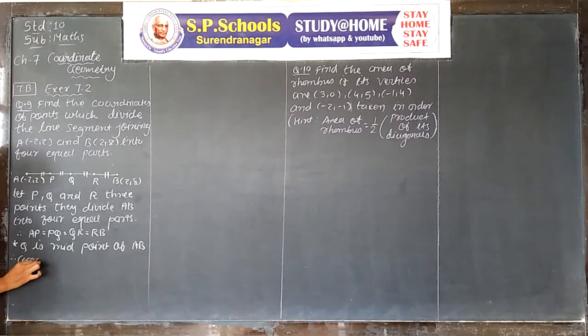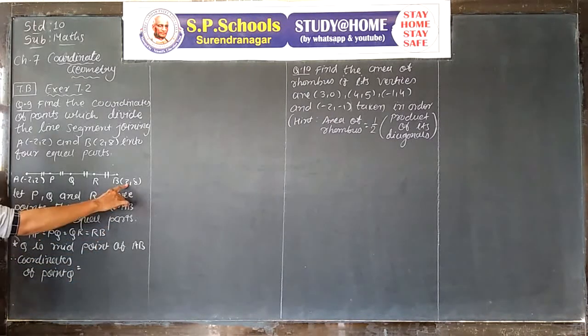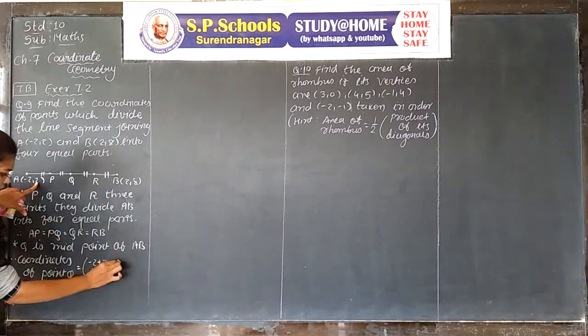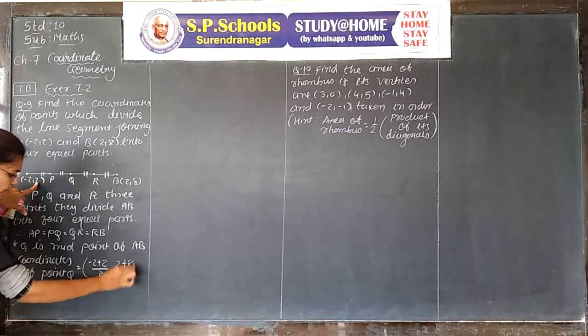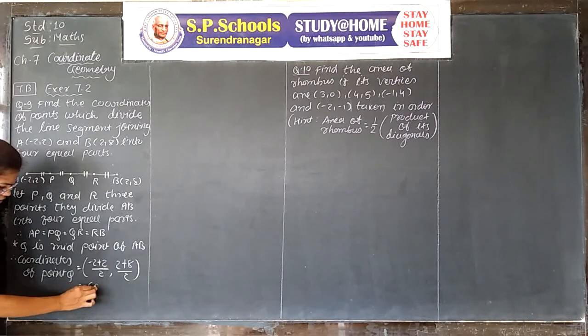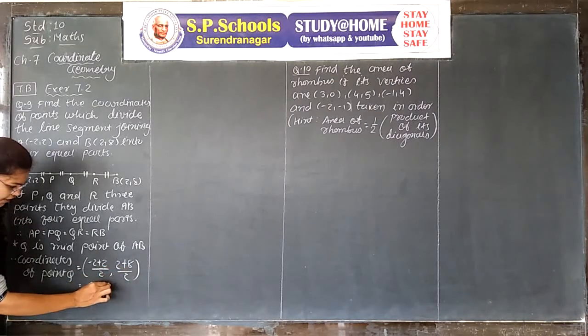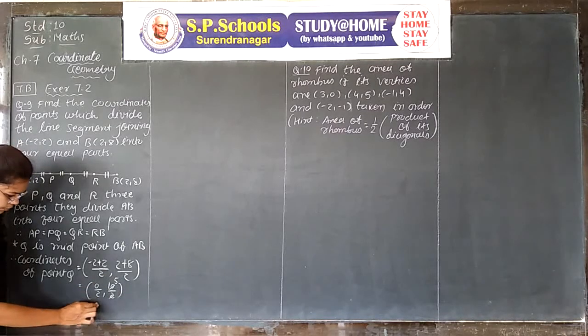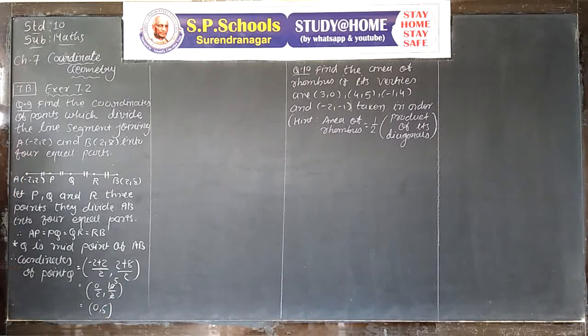Therefore, the coordinates of point Q are ((-2 + 2)/2, (2 + 8)/2). -2 + 2 is 0, upon 2; 2 + 8 is 10, upon 2. 2 fives are 10, and 0 upon 2 means 0. The coordinates of point Q are (0, 5).